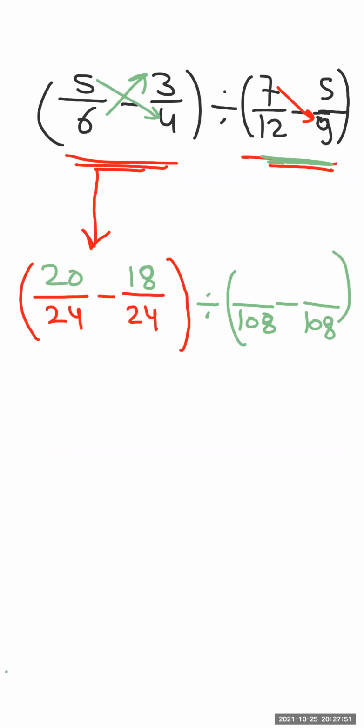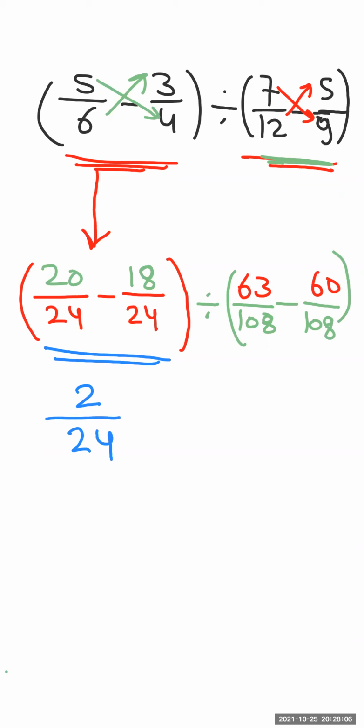Now get the numerators. 7 times 9, 63, minus 12 times 5. Now finalize the process between the two brackets. First bracket, 20 minus 18, so it will be 2 over 24, divided by 63 minus 60, so it will be 3 over 108.